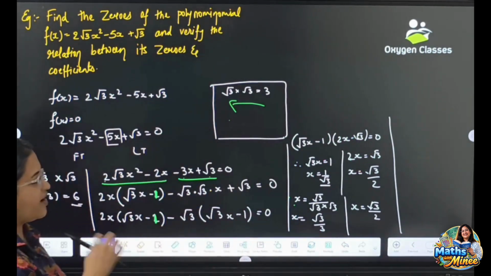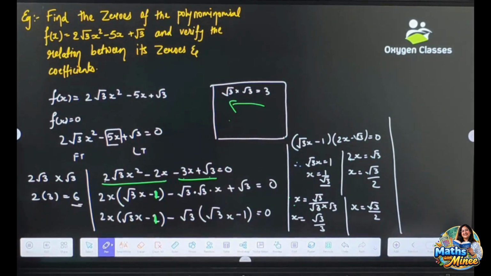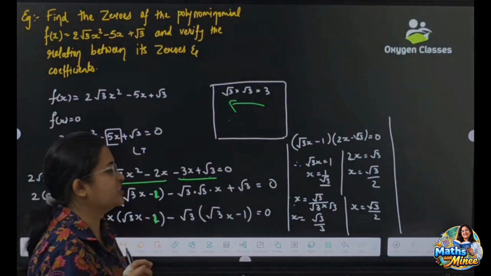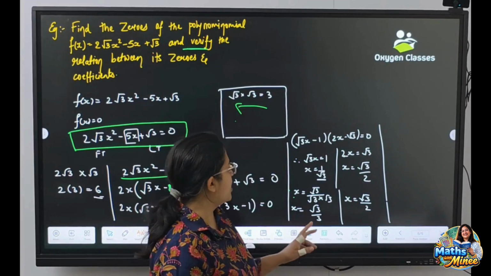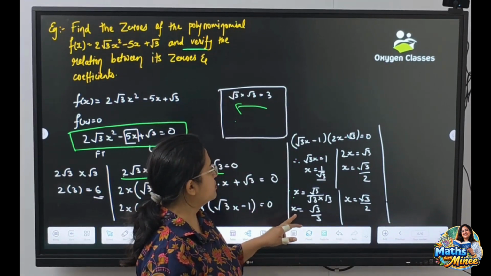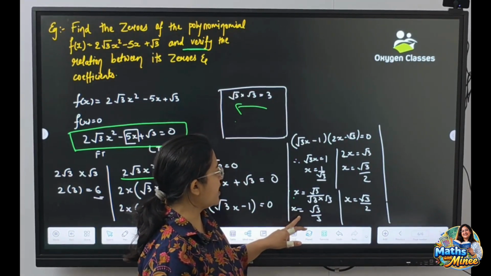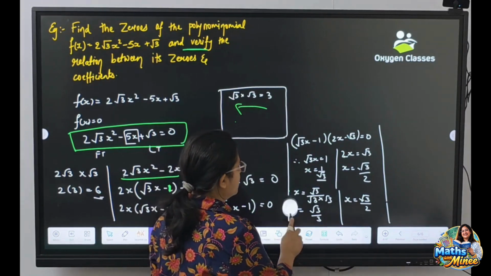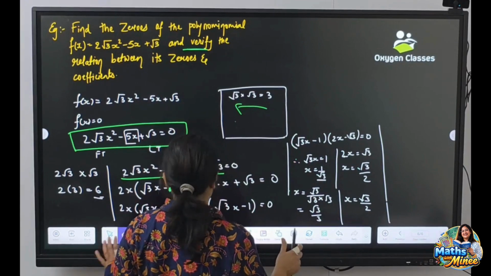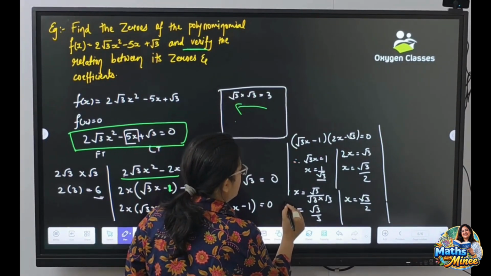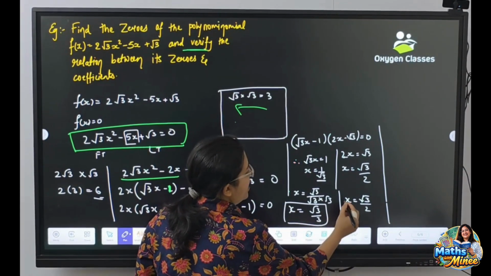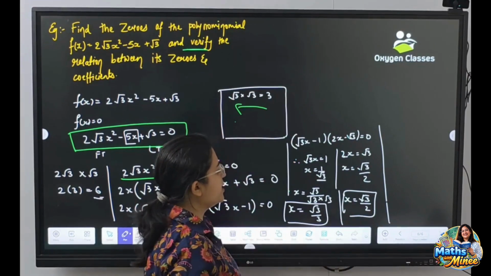Done. So we have rationalized the denominator क्योंकि denominator should not be irrational. Okay. Now here we got the zeros of the x, that is x is equal to root 3 by 3 and x is equal to root 3 by 2.